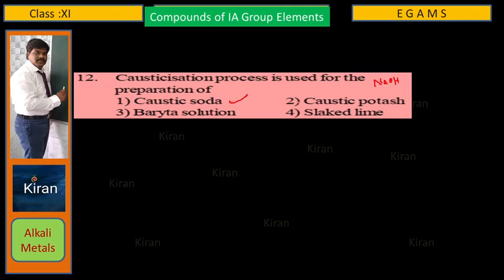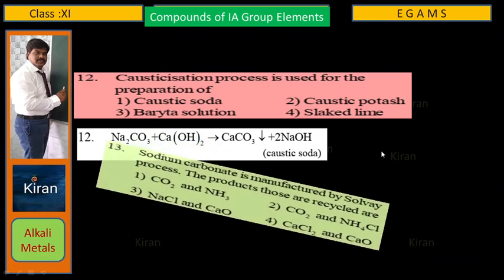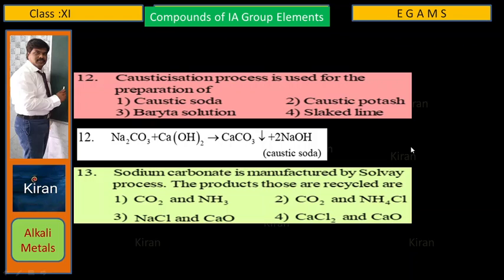We can prepare NaOH in this method: Na2CO3 plus calcium hydroxide gives calcium carbonate plus NaOH. Sodium carbonate is manufactured by the Solvay process. The products that are recycled are asked; it is the preparation method. The right option for the 13th question is the first option.